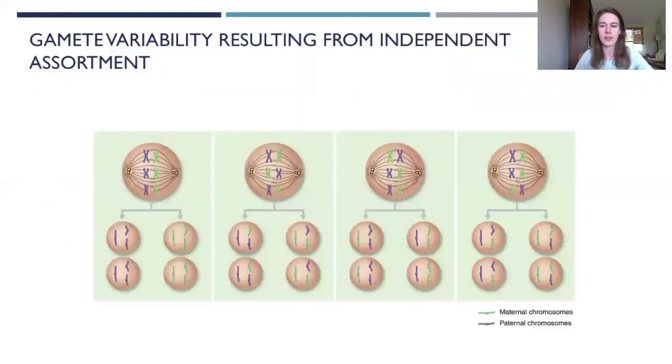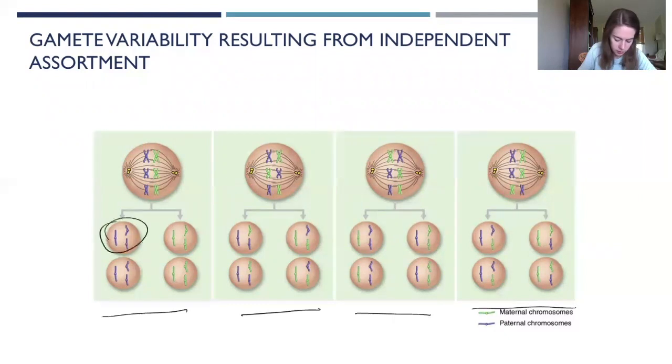Okay, so this is what that would look like. Each of these boxes is a different possible combination of mom and dad chromosomes. Let's say the result of this is going to be an egg cell. So an individual woman got chromosomes from her mom and from her dad, and they line up at the metaphase plate during meiosis, and they can either all go into daughter cells as they were inherited.